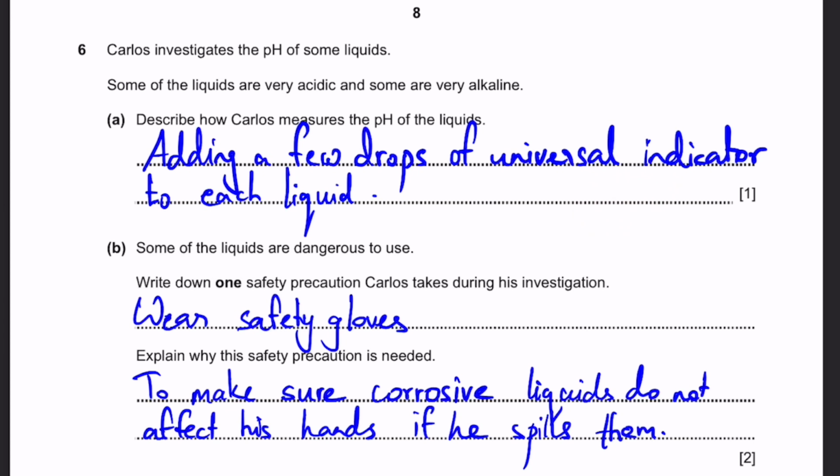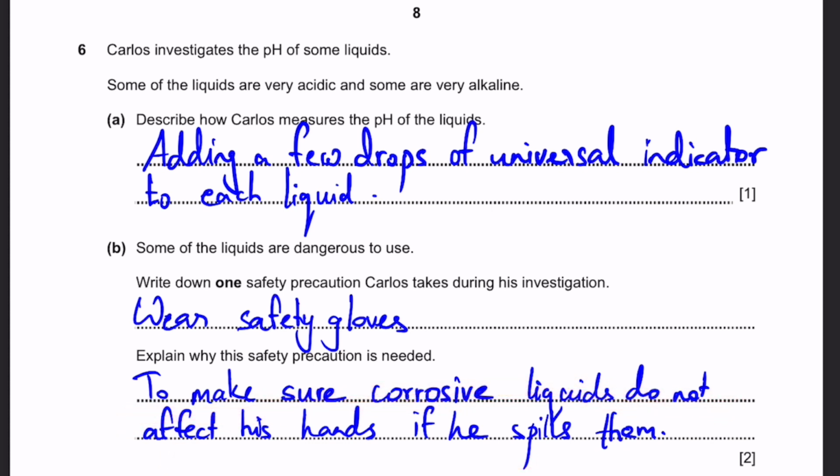B. Some of the liquids are dangerous to use. Write one safety precaution Carlos takes during his investigation. I've written wear safety gloves, but that's not the only answer. It could be safety glasses, for example. Explain why this safety precaution is needed: to make sure corrosive liquids do not affect any body parts. In this case, because I've written safety gloves, to make sure corrosive liquids do not affect his hands if he spills them.